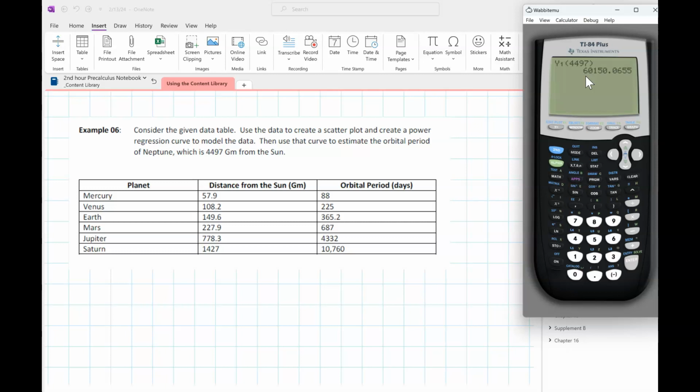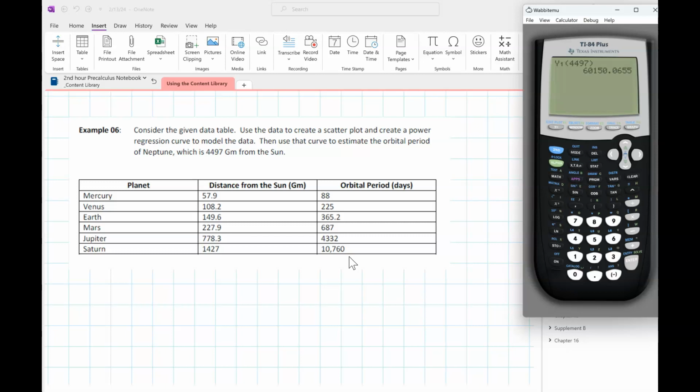Like what we did in the last one. That was if we were given a Y and asked to find the X. Here we're given an X and asked to find the Y, so I just have to plug the X into the function. So how do I store it?